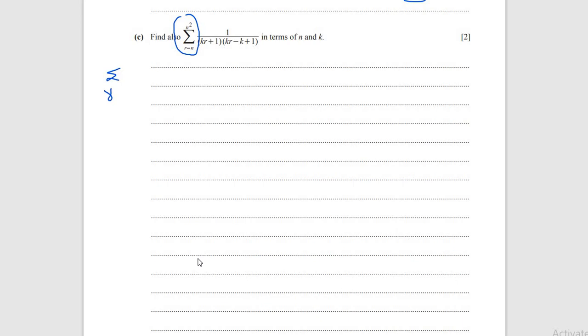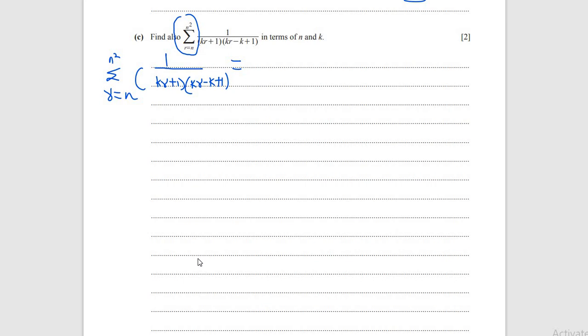So which means that summation of r equal to n to n squared of 1 over kr plus 1, kr minus k plus 1 is the same thing as, like I said, the total sum from 1 to n squared of the whole rational function.